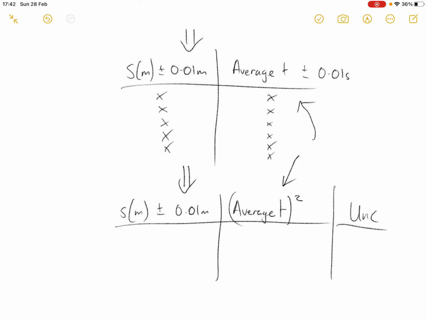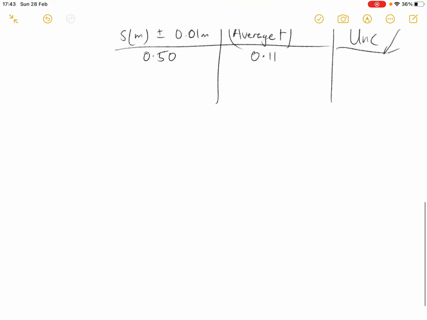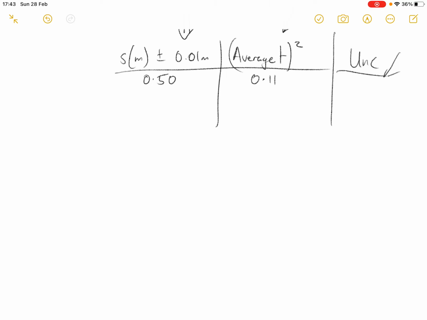Okay, so I'll just do a little example here. The first data point up here in the table above, we have 0.5 meters and 0.33 seconds. So of course this one just goes straight down there. Now average time all squared gives me 0.11 seconds squared. That's just 0.33 times itself. But what do I put for the uncertainty here? Well, the fractional uncertainty in the time squared is the sum of the fractional uncertainties for the time.